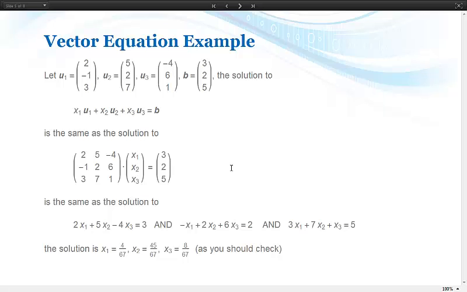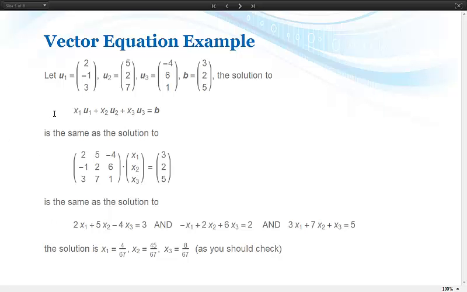But that's the same as the solution to the simultaneous linear equations 2 times x1 plus 5 times x2 minus 4 times x3 equals 3, and also minus 1 times x1 plus 2 times x2 plus 6 times x3 must equal 2, and 3x1 plus 7x2 plus 1x3 must equal 5. And you should check that this is the exact solution.